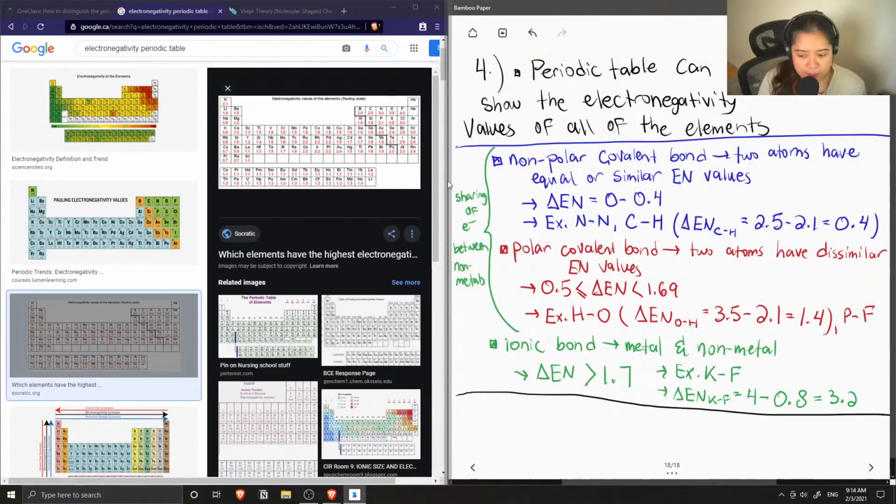But in order to see if we have a polar or nonpolar molecule, when the net dipole moment of a molecule is 0, then we have a nonpolar molecule.